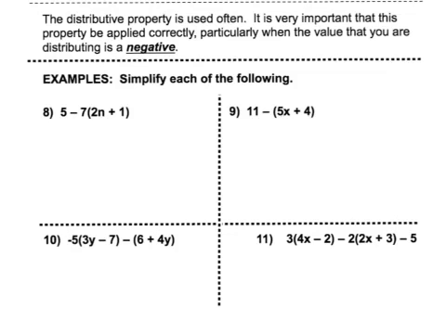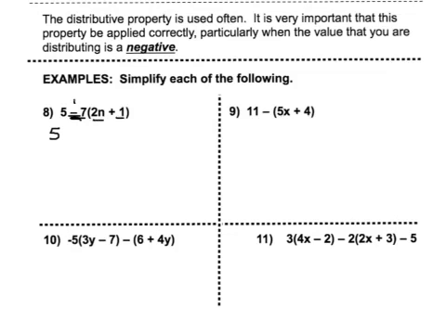So let me show you how you would do that. You would bring down the 5, and then you're going to take this 7, but notice there's a subtraction sign in front of it. So if there's a subtraction sign in front of that, that makes that a negative 7, and you're going to multiply both of these terms by a negative 7.